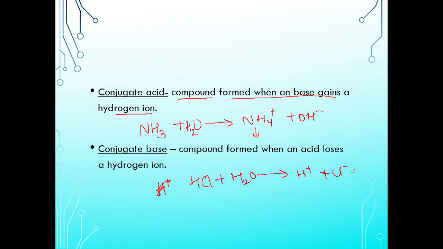Plus H2O, or you can write H plus and H2O together as H3O plus also. But now Cl minus can accept one H plus ion, right? Therefore, this is a conjugate base. Clear? And this is your acid. Clear? So this is how you have to remember some points.